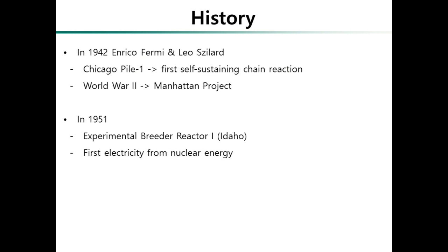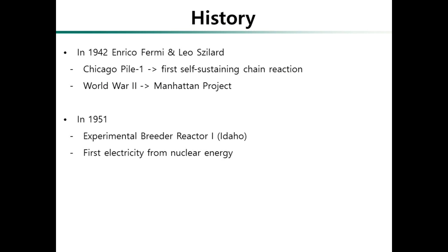But still, we have a big chance for the peaceful use of nuclear power. So after that, they created the IAEA, and also peaceful uses like the production of electricity or radionuclides.